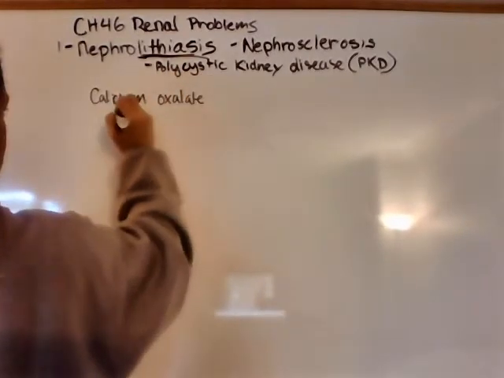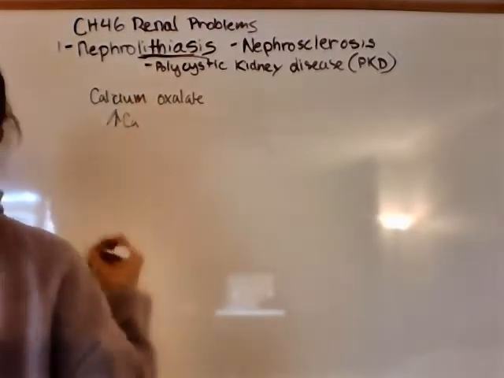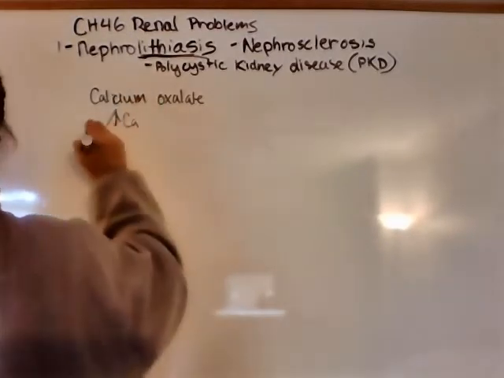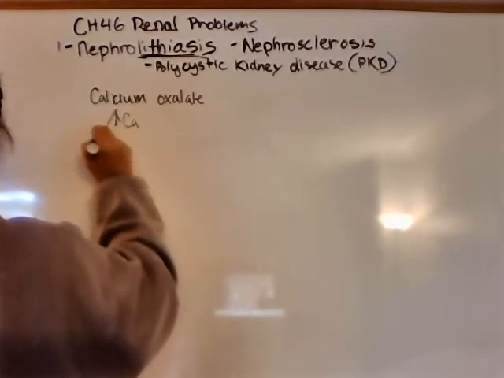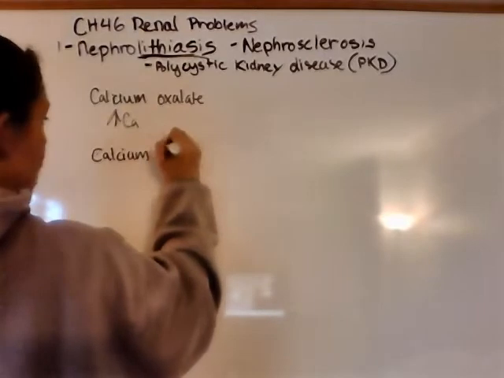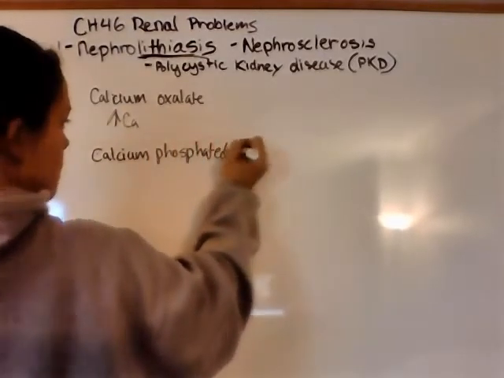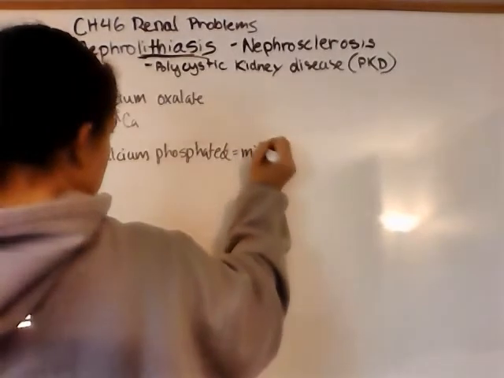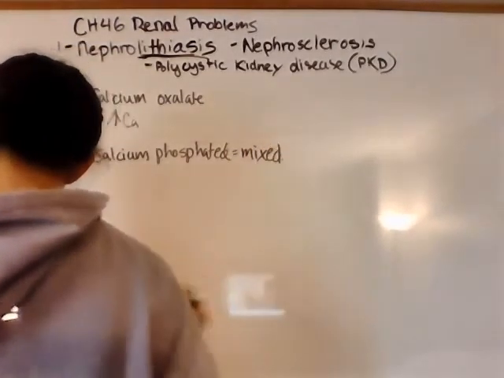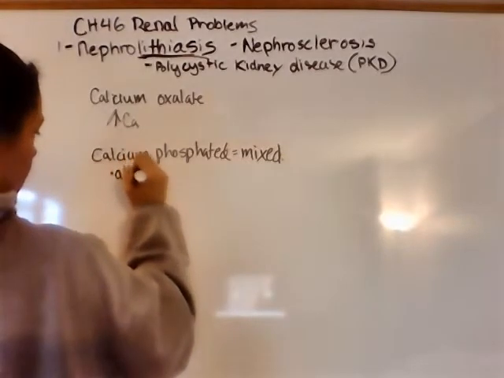alright, and this is going to be caused by a high, well, you're going to see high calcium, and calcium phosphate, and this is mixed. This is mixed stones formation, and this is going to have alkaline urine.